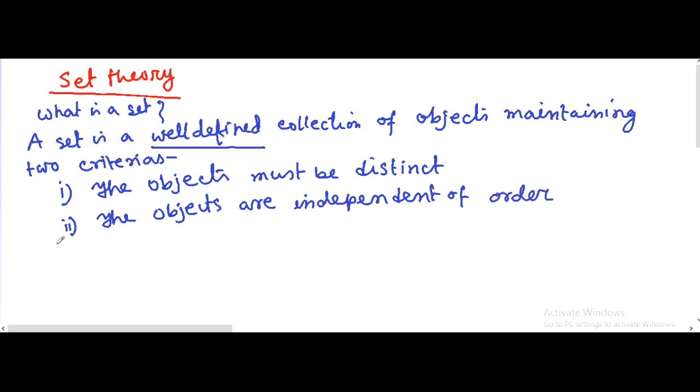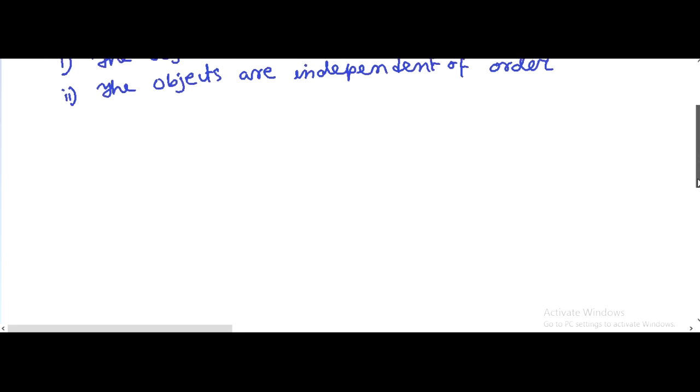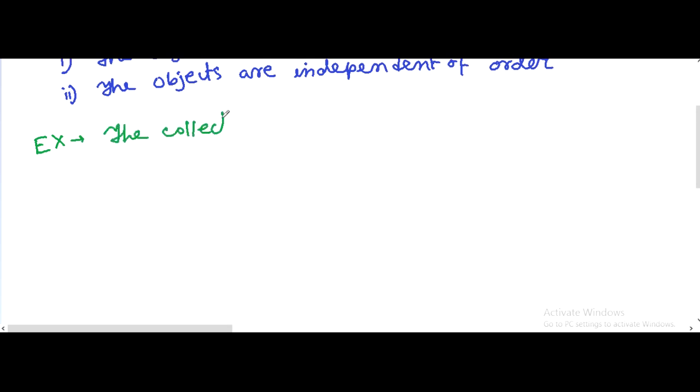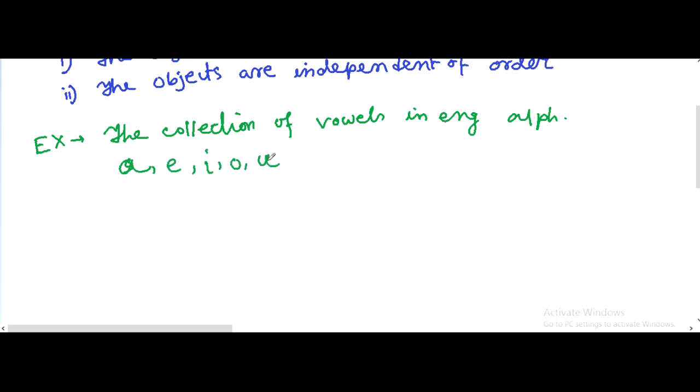For example, you can consider the collection of vowels in English alphabet, and there are 5 vowels: A, E, I, O and U. Now how do I represent it as a set?